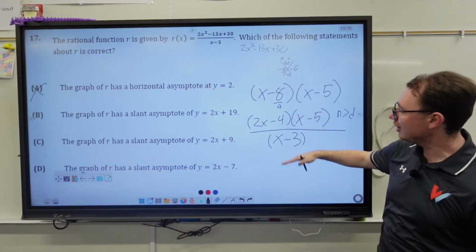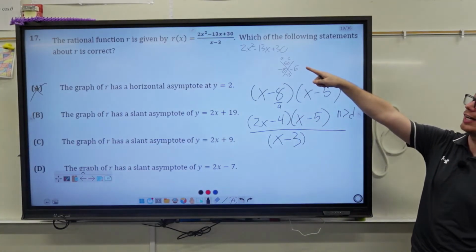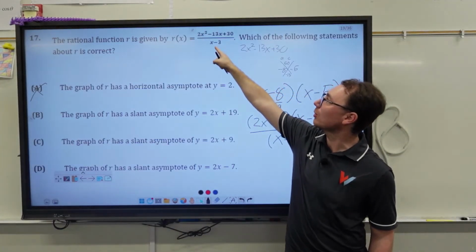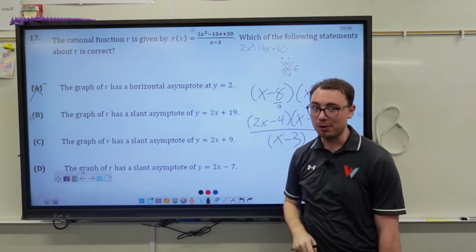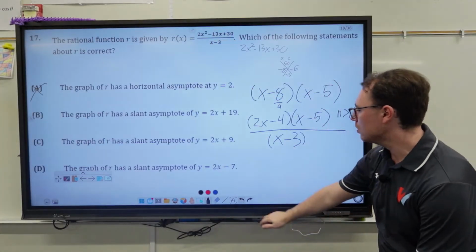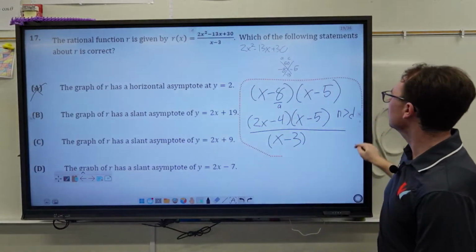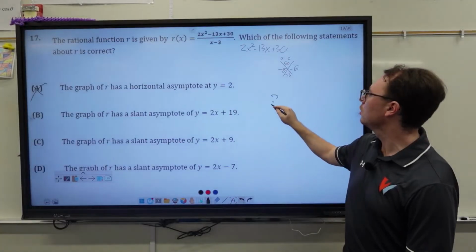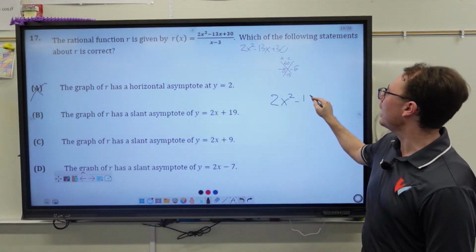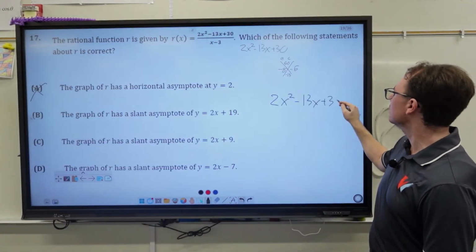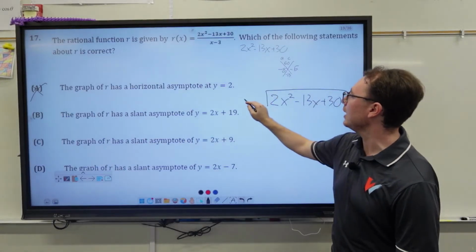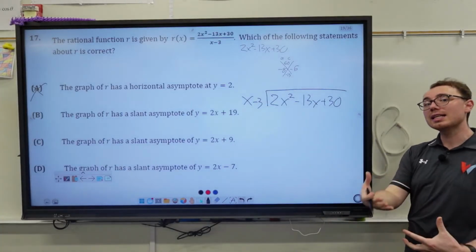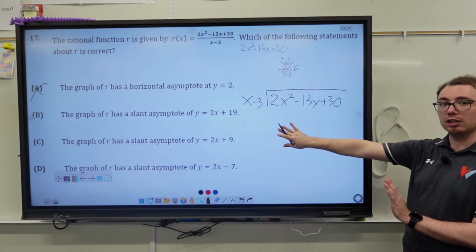For this factored version, this doesn't really help us when it comes to dividing that into there. We're going to try and divide this x minus 3 into that polynomial. When we do that, we use long division. So for the long division itself, all we take is that top numerator of 2x squared minus 13x plus 30, and we're dividing this by x minus 3, using the same format of long division.